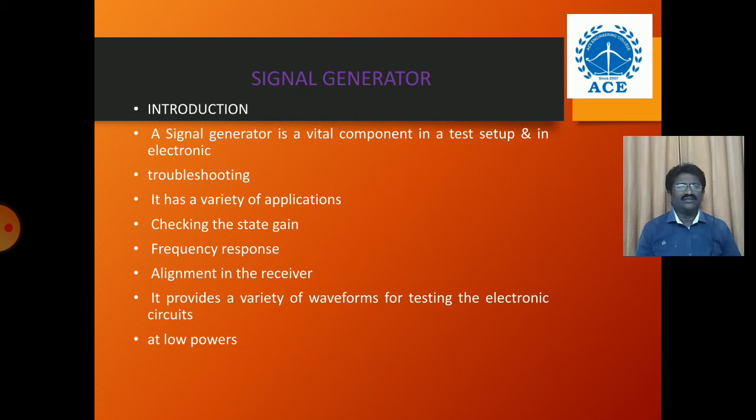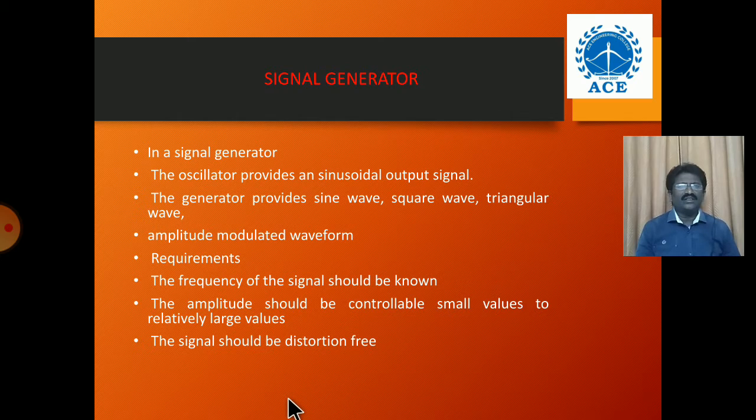Whatever the input, we will consider it as a testing signal for any circuit. With the help of a signal generator, you can generate such types of waveforms. In a signal generator, the oscillator provides a sinusoidal output signal.